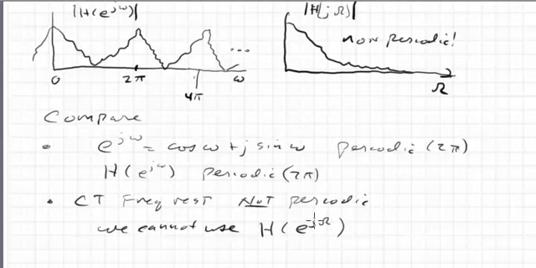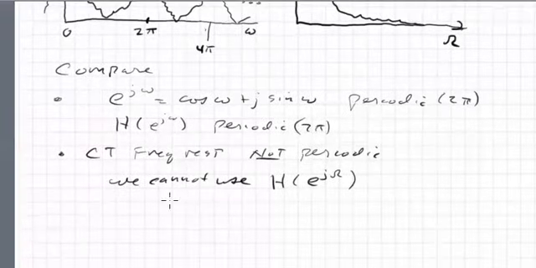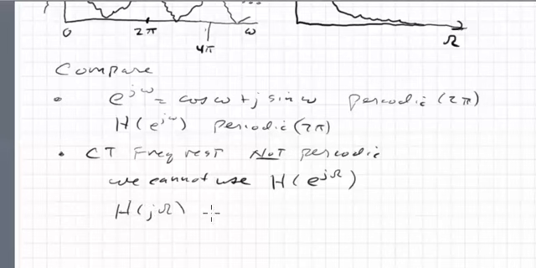Since this is periodic and the frequency response H(jΩ) is not periodic, we can't use this anymore. Okay, got it? This would be periodic, but we know that when we run it through the integral, it turns out to be not periodic, so we can't use that notation. Therefore we use this notation for the frequency response.